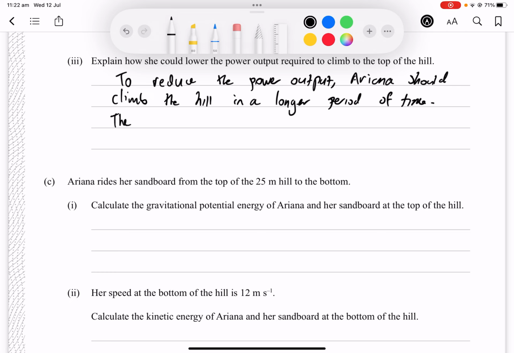The amount of total work done is the same, stretched over a longer period of time.